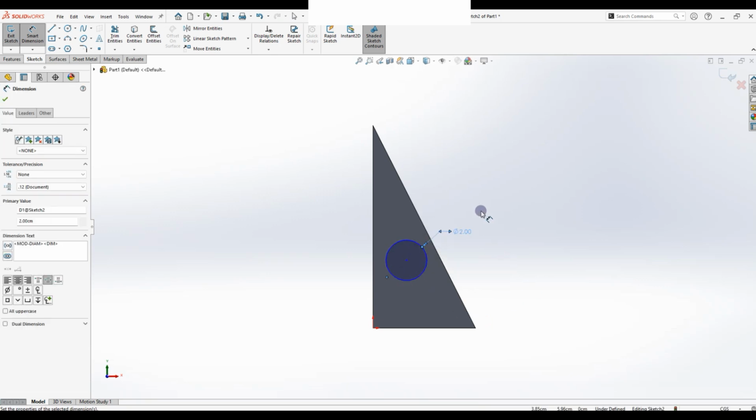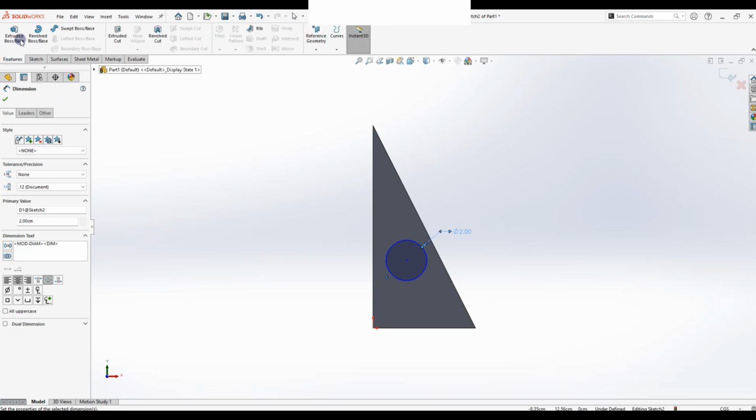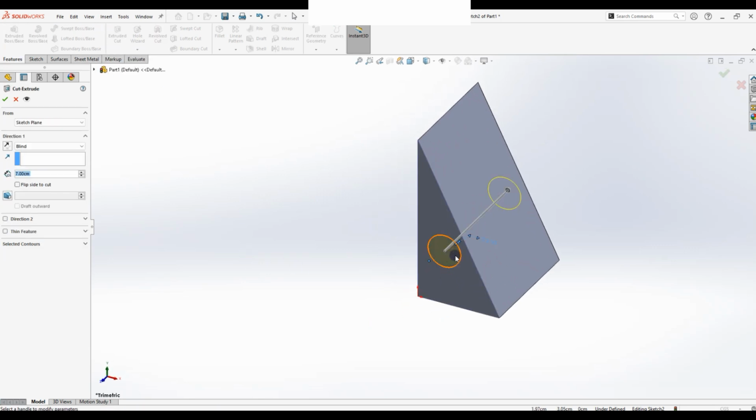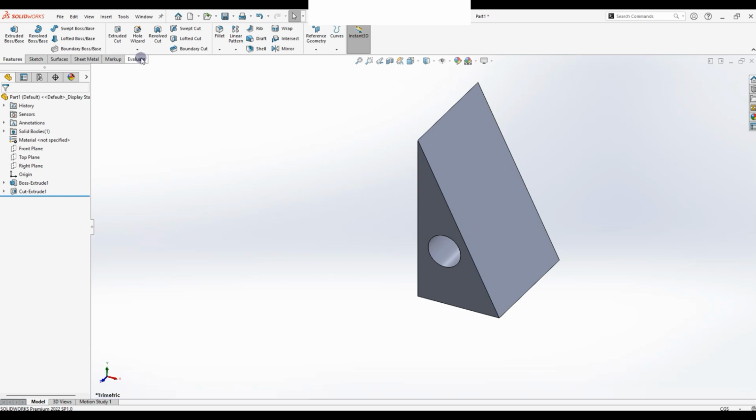Okay, I'm not constraining this sketch, just taking a sketch profile and selecting the extrude cut. Blind, we gave 7, right? So this is 5 centimeter or 3.5 centimeter off of the triangle. Let's see what value we get.